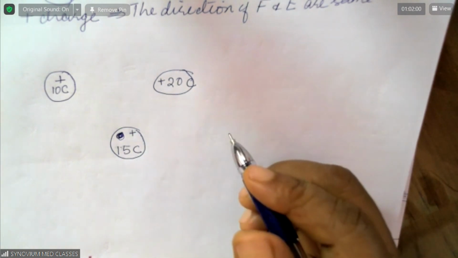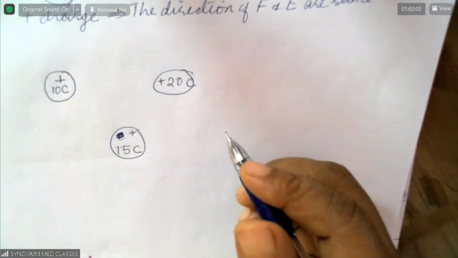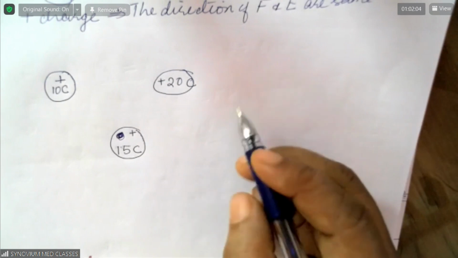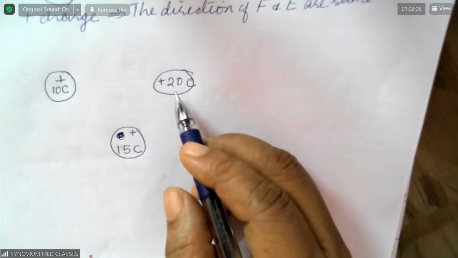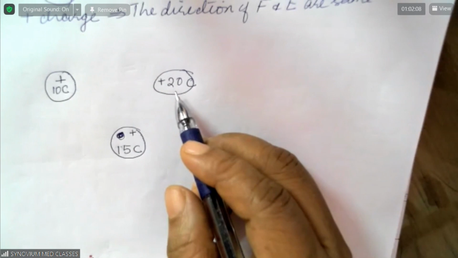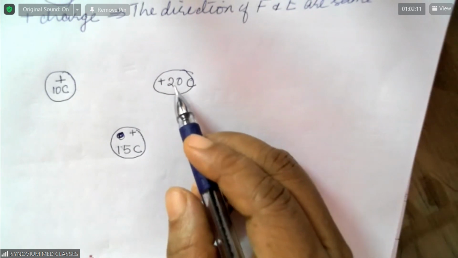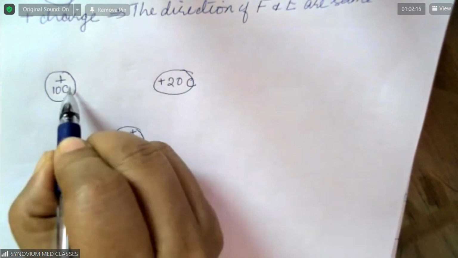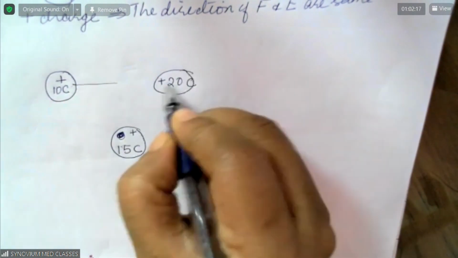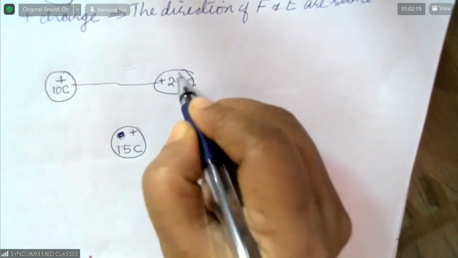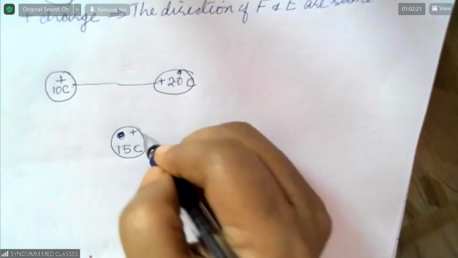If you have multiple forces, how will you find the force on this charge? So for this, what you do? First of all, assume that you want to know the force at this point due to these two.